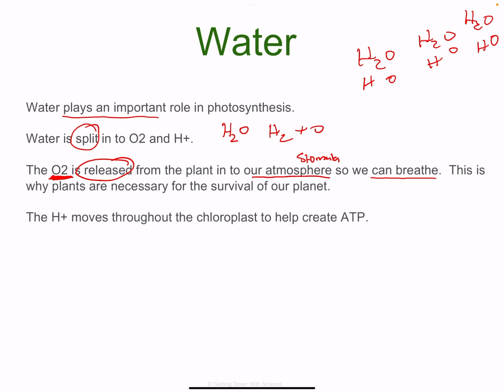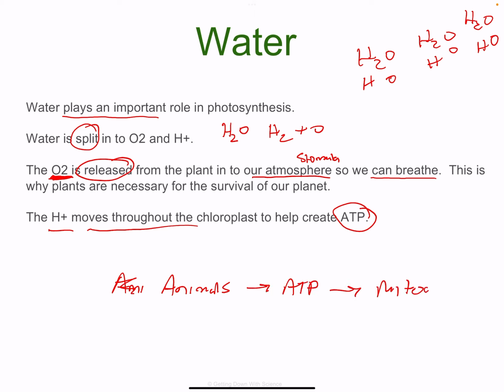Okay, and then what happens to the H's? Well, the H's stay in the chloroplast, and they move throughout it. It directly helps create ATP. This is an energy source that organisms need. Remember, in animals, ATP is made in the mitochondria, all right?